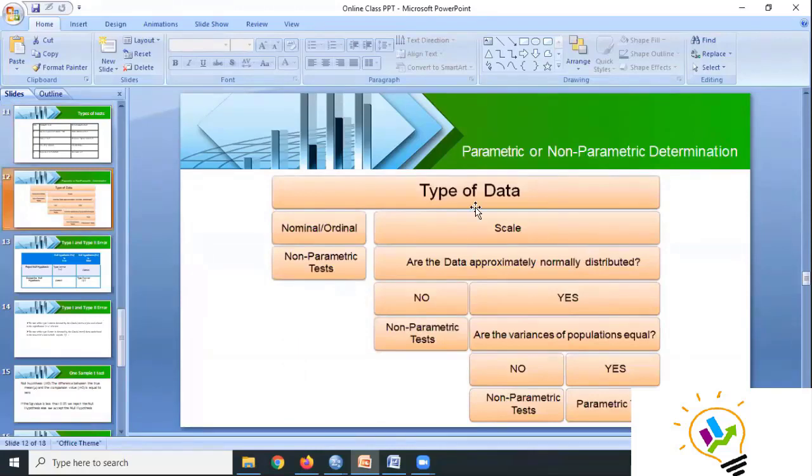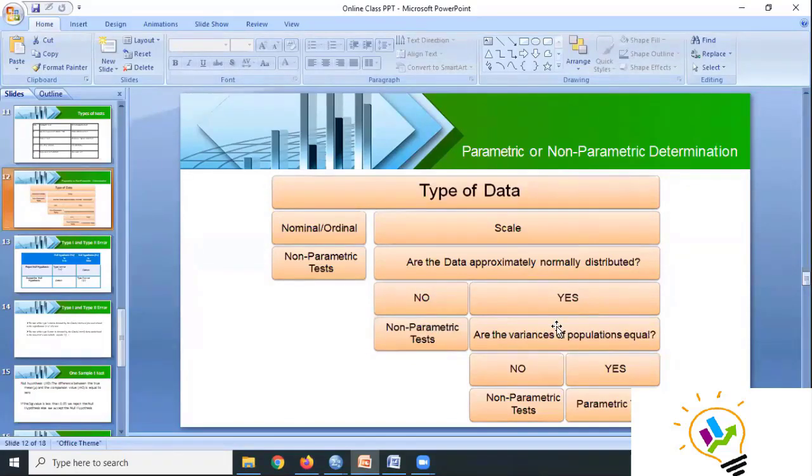Now you can see this one: the type of data and what type of test should be used. If it is nominal or ordinal, we must use a non-parametric test only. If it is scale, you must check whether the data is normally distributed. If no, then we must use non-parametric. If yes, then are the variances of the population equal?